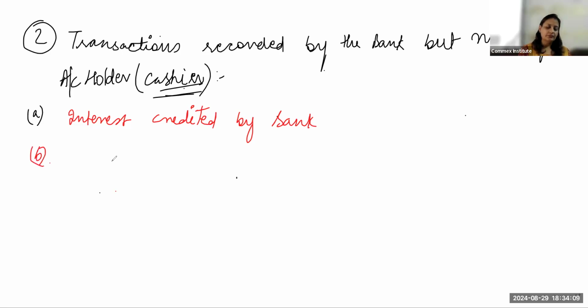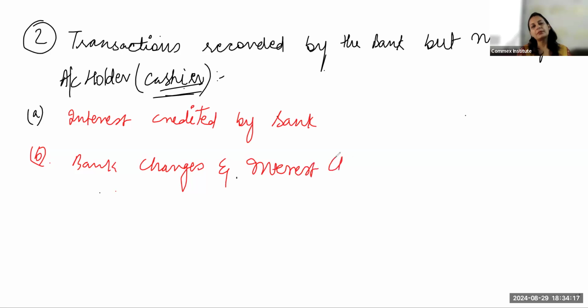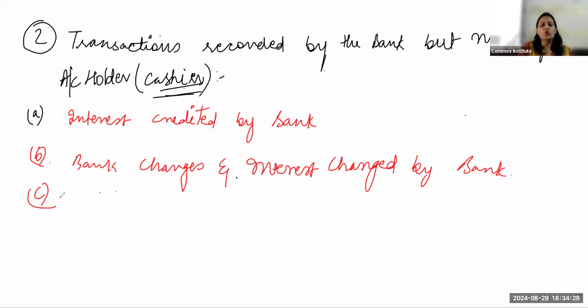B, bank charges and interest charged by bank. C, and not recorded in the cash book, of course. If it is recorded in the cash book also, suppose by chance I came to know the same day, then of course there'll be no mismatch.